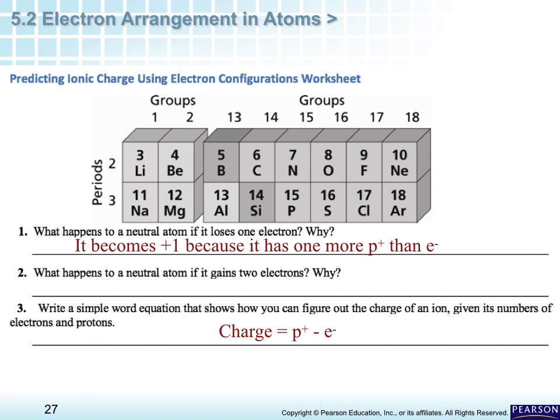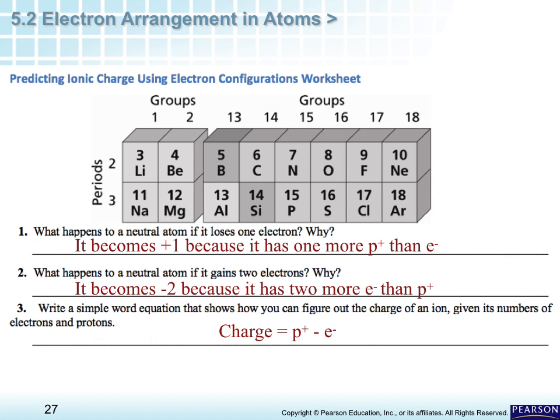If it were to gain one, that would be 10. Well, when metals form ions, that would be something like lithium or beryllium or sodium or magnesium. When they lose one electron, they now are positive because they have more protons than electrons. If it gains 2 electrons, it would become -2 because now it has 2 more electrons than protons.